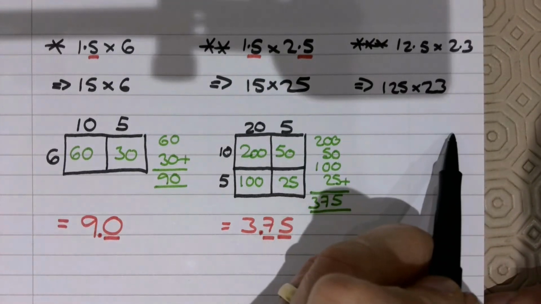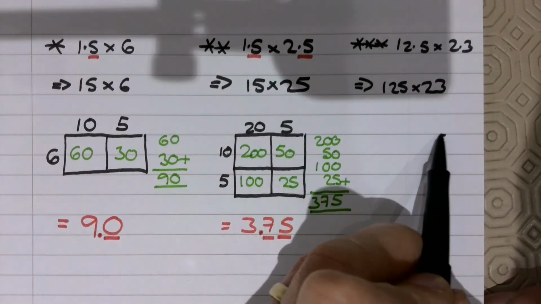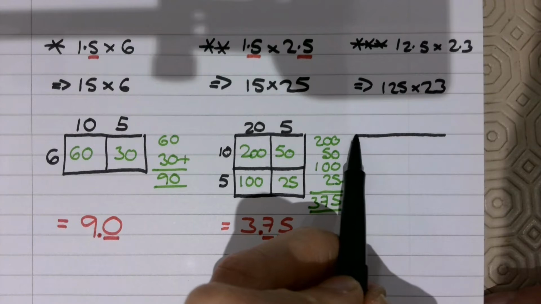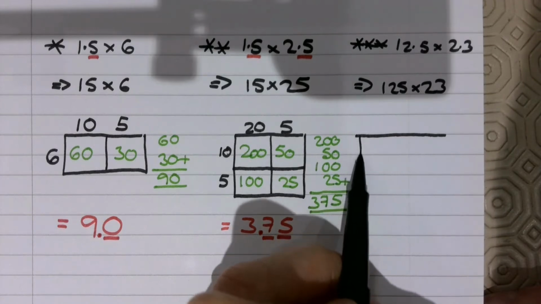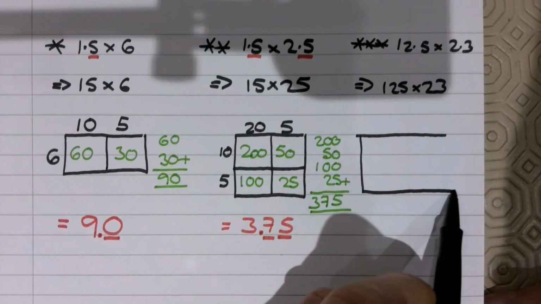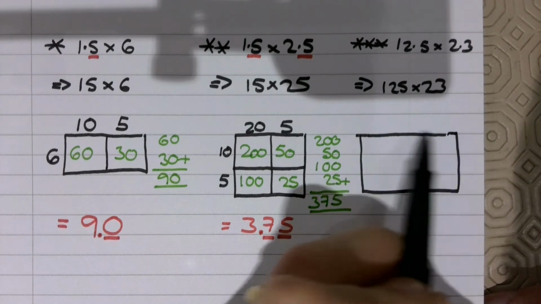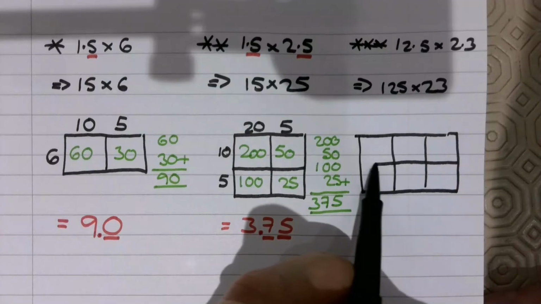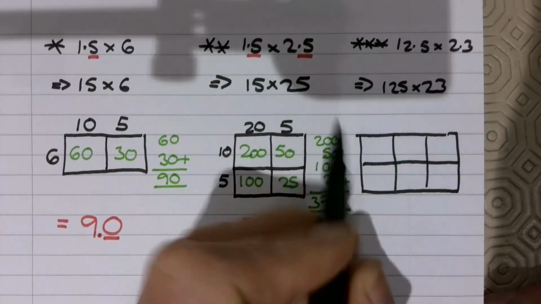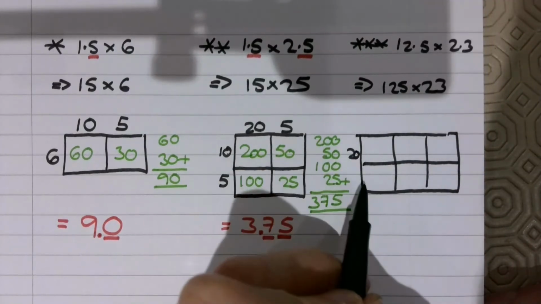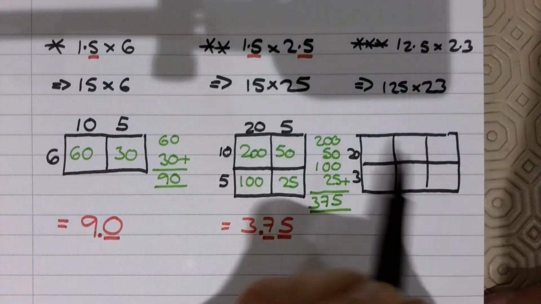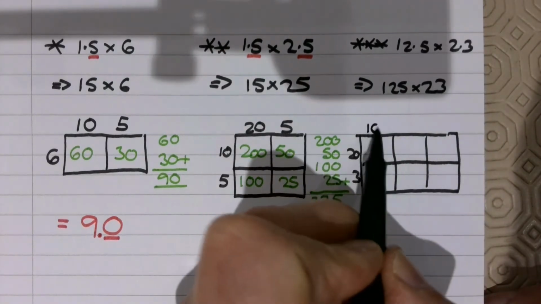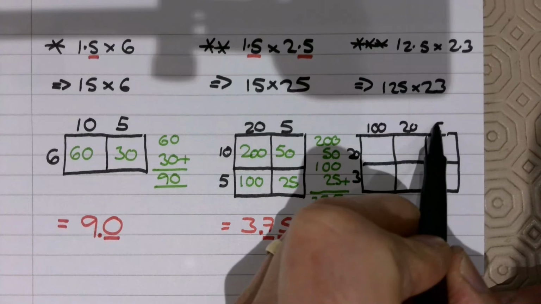So we're going to need some boxes to chunk with. Okay, so let's put those in. So we're going to need to chunk the 23 into a 20 and a 3. We need to chunk the 125 into 100, 20 and 5.